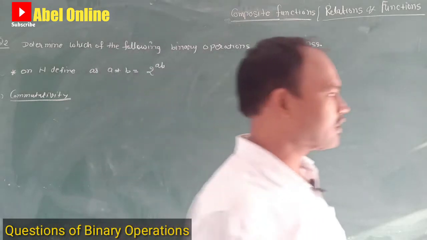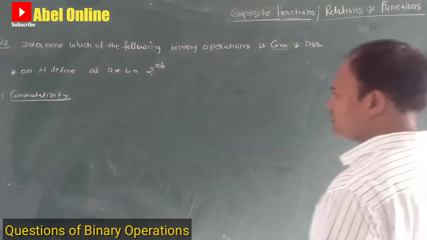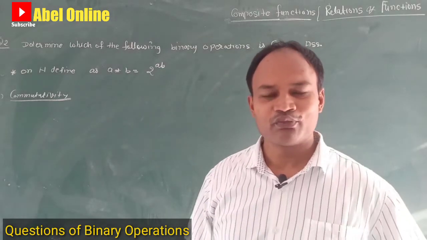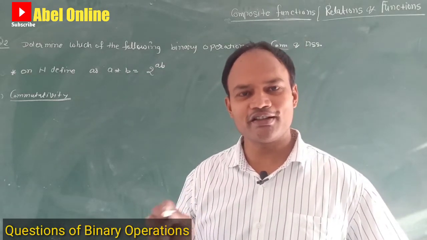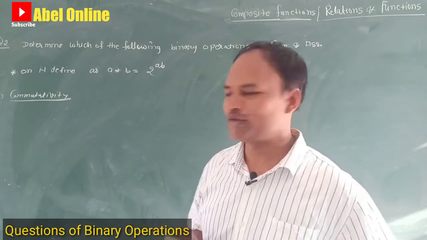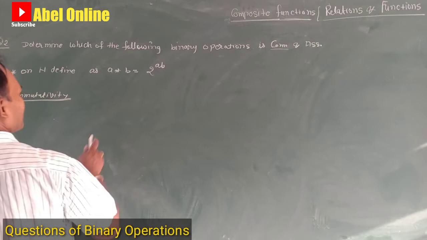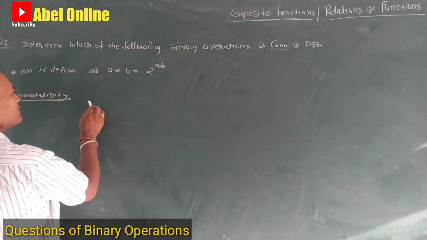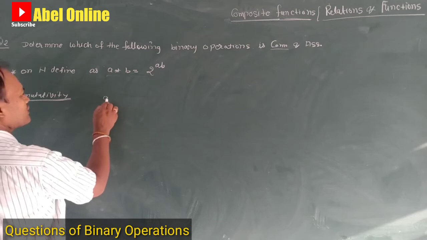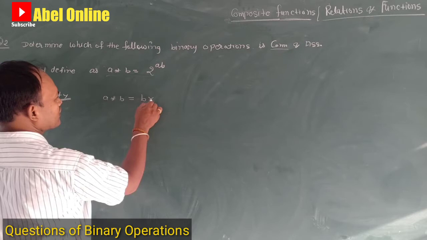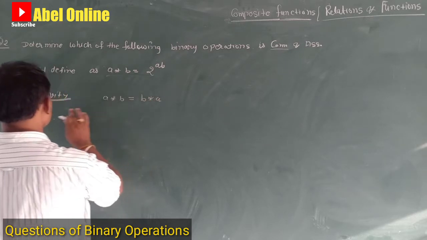We know very well that when we are talking about commutativity, we can say that a star b equals b star a. If a star b equals b star a, then we can say that the given operation is commutative. So guys, we are going to discuss a star b.